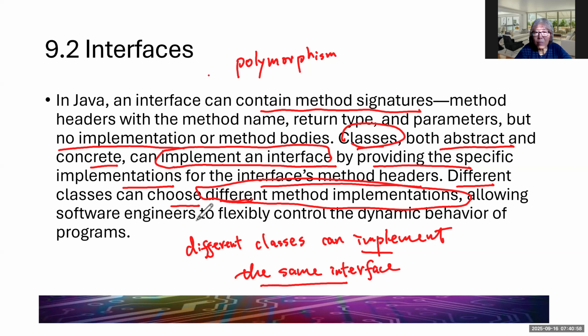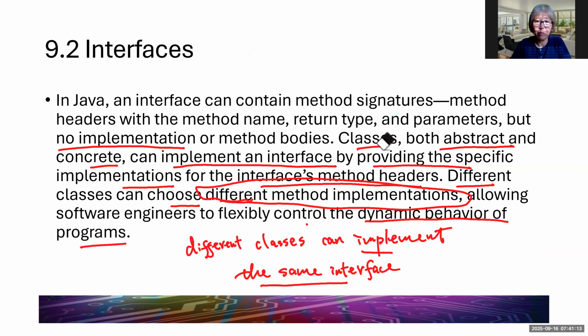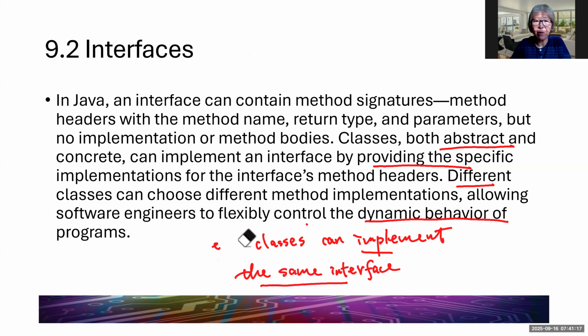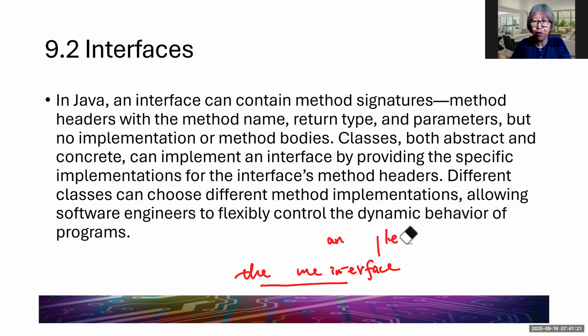That allows software engineers to flexibly control the dynamic behavior of programs. So that's why we say it's object-oriented programming. Again, the interface also serves a role in object-oriented programming for polymorphism.